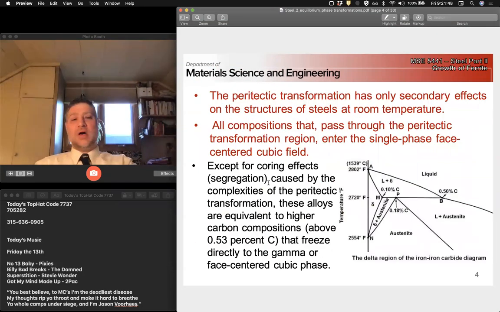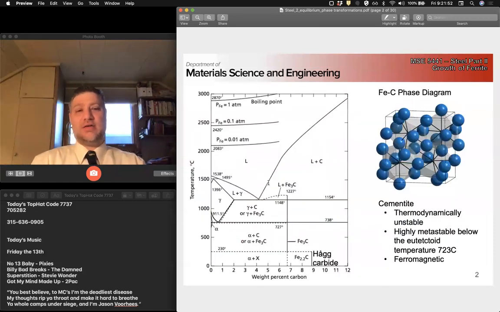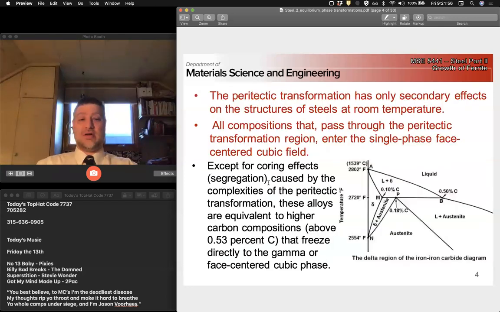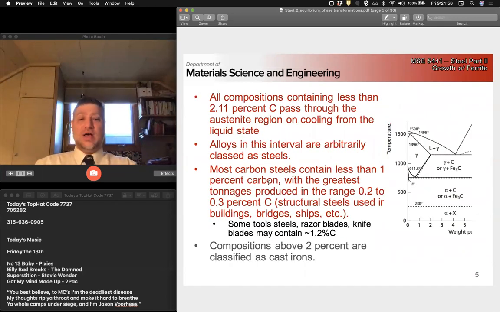Okay, so on Monday, we talked a little bit about phase transformations in the iron-carbon system, also known as steel. And we talked about mostly just plain carbon steel, where we, as metallurgists or material scientists, are most interested in what happens around the eutectoid point, because that's what drives our final microstructure.